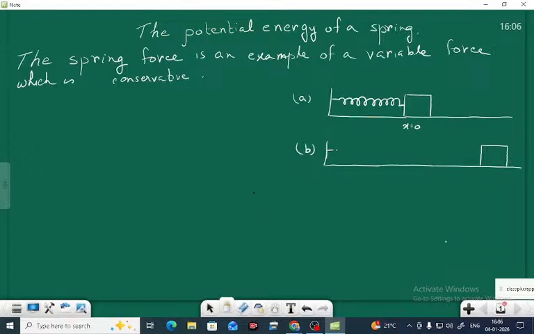Then there is another point, the C diagram. The block is here on the table surface. In this case the spring is compressed. You see here, the spring is compressed more.